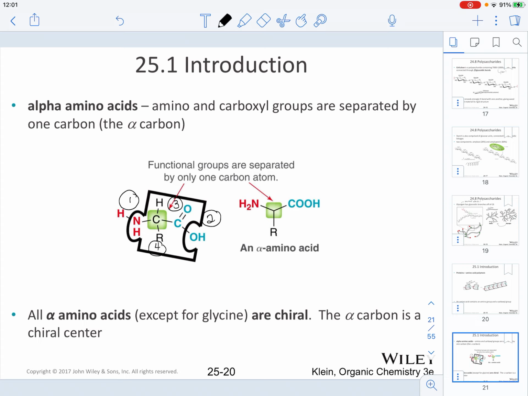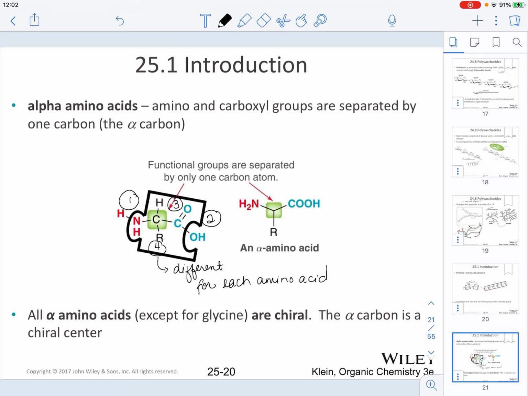So understand that R group specifically is what is different for each amino acid.